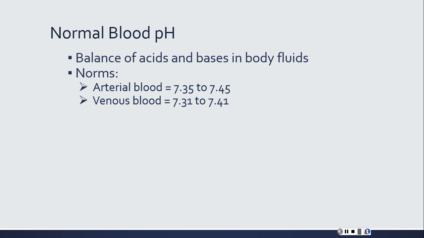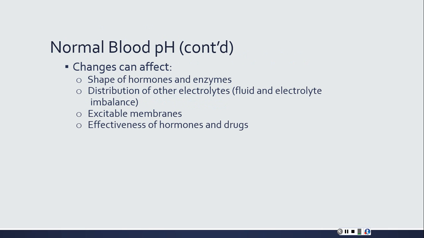Okay. Now, the body wants to stay in a homeostatic state. Everything's going to be done to keep everything nice and calm and normal. pH is one of these. The body's going to work to keep the blood between 7.35 and 7.45 on a pH.